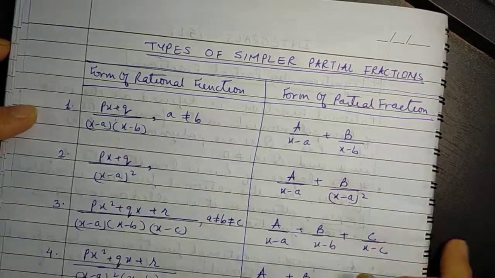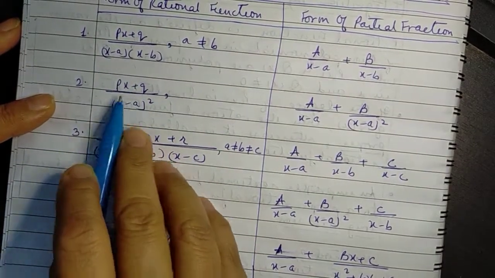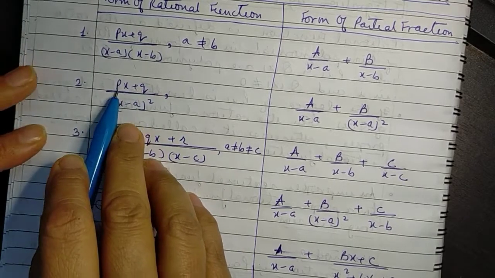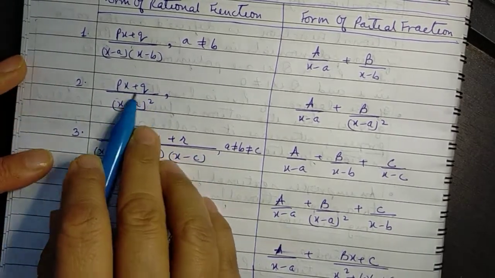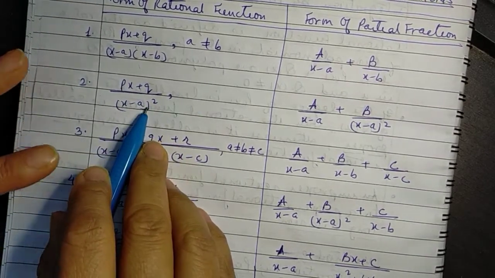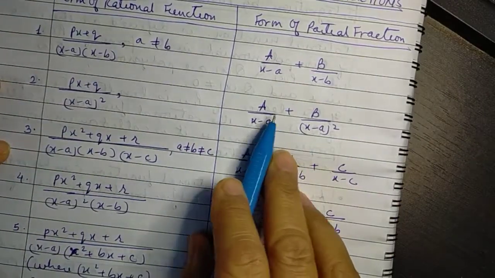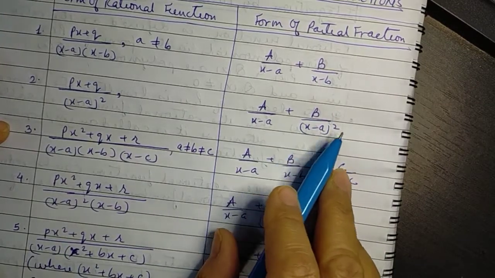In the same way, after doing the factorization, suppose the rational function comes into the form (px plus q), that is a linear factor, upon a quadratic, but the quadratic is in the form of (x minus a) whole squared. Then again we split it into two simple functions of the kind A upon x minus a plus B upon (x minus a) whole squared.